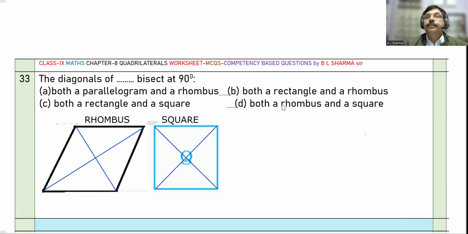So this is not correct, this is not correct, this is not correct, but this is correct. Diagonals of both rhombus and square bisect at 90 degrees.